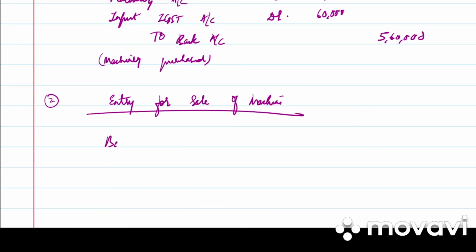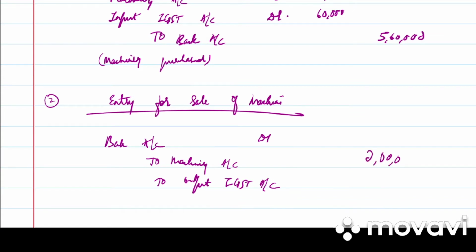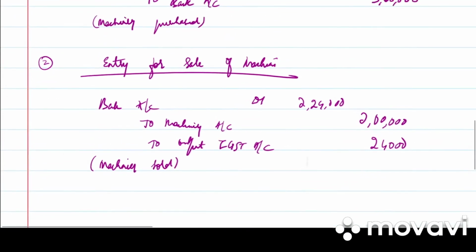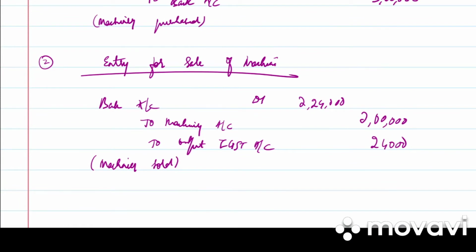It is bank account debited to machinery account, to output IGST account. 2 lakh. 2 lakh into 12 by 100, 24,000. Total is 2 lakh 24,000. In bracket machinery sold. Clear? This is the separate entry for IGST, SGST, CGST, whatever is given.